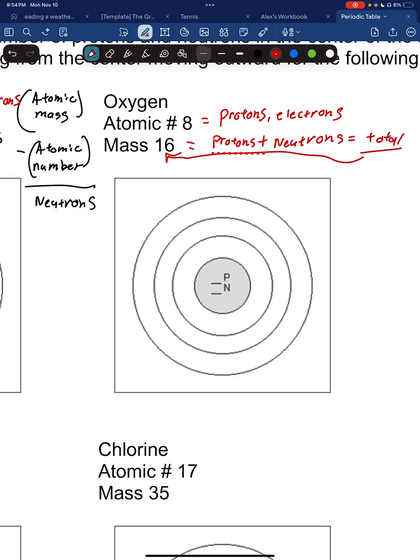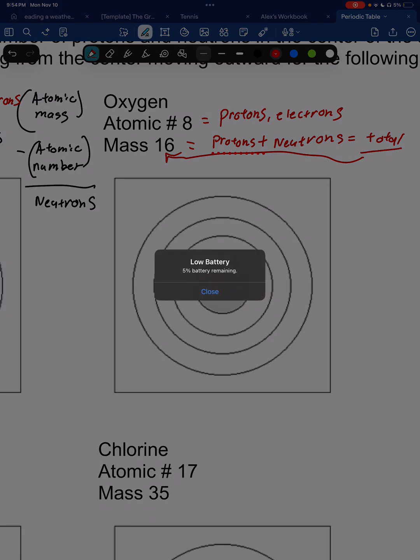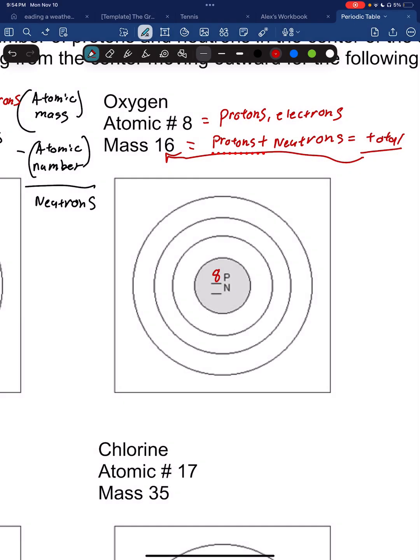So the very first thing you do when you see that, you're going to write 8 for the number of protons. Okay. If you're unsure now what to do, what you need to do is you need to take your mass number, 16, and subtract your atomic number 8 from it. Okay, so you're taking your mass and subtracting your atomic number.